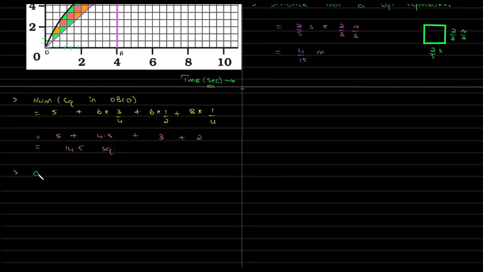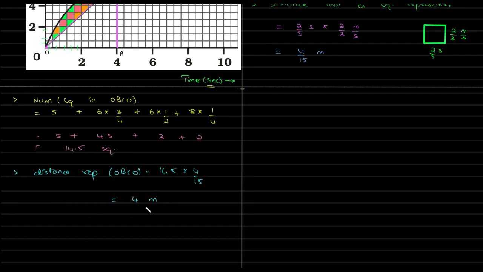Therefore, area or distance represented by OBCO is equal to 14.5 into 4 by 15. 14 and 14 gets cancelled. 4 meters.